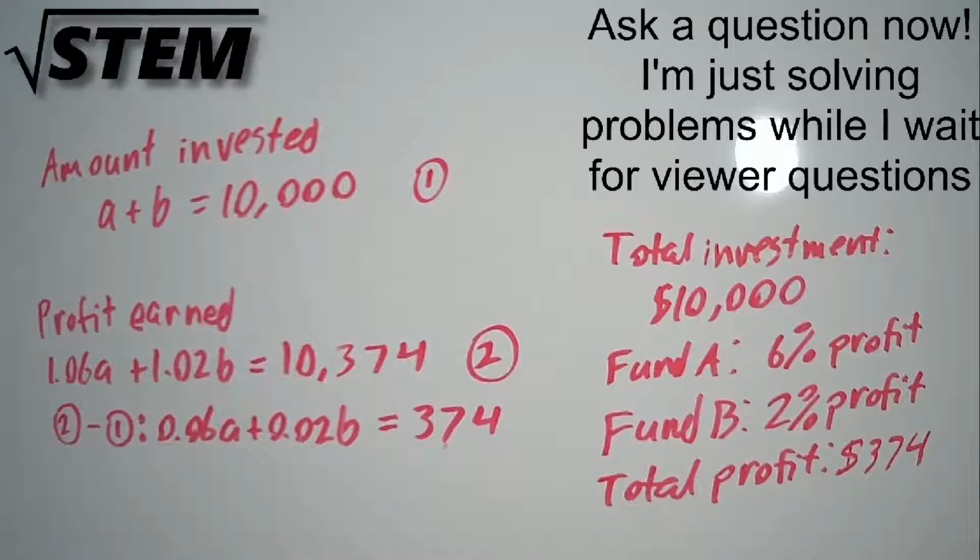So let's see, what do we do now? I'm going to turn these into fractions. So this is really divided by 100 and times 6. So 6 divided by 100a.